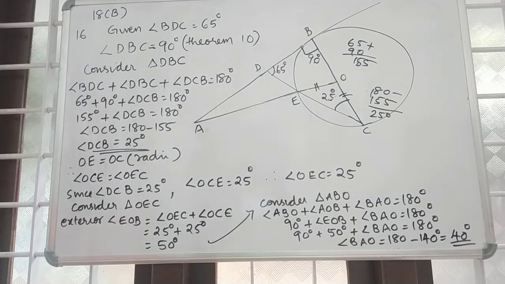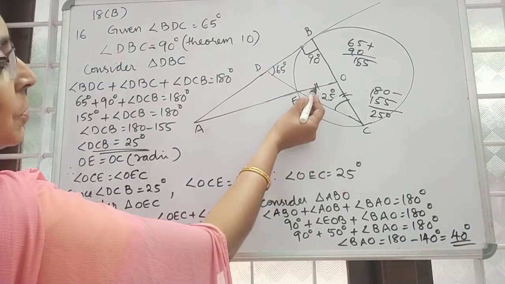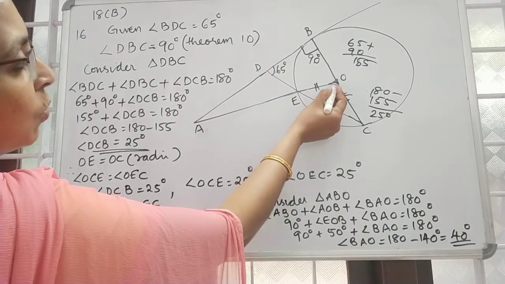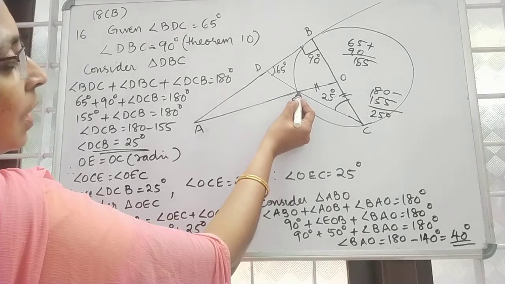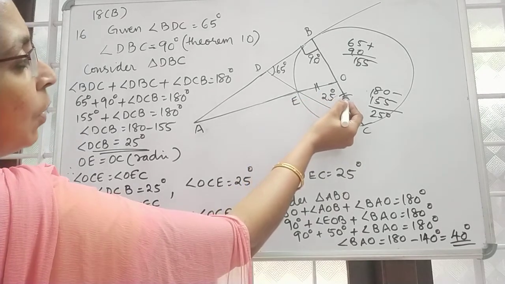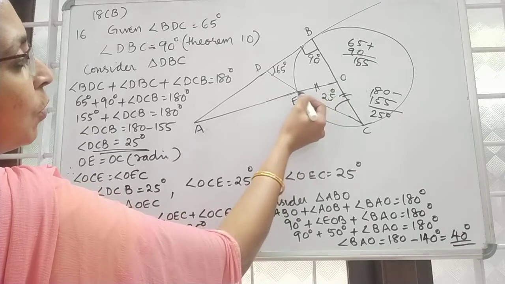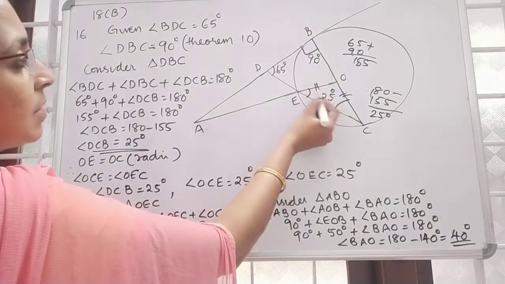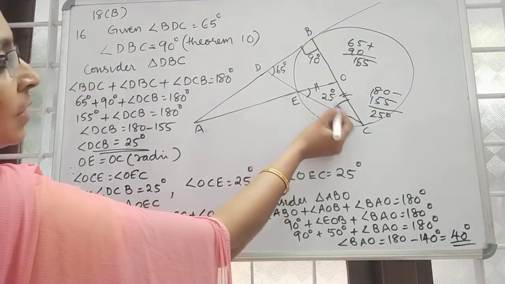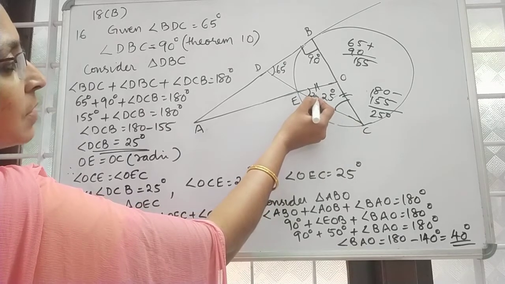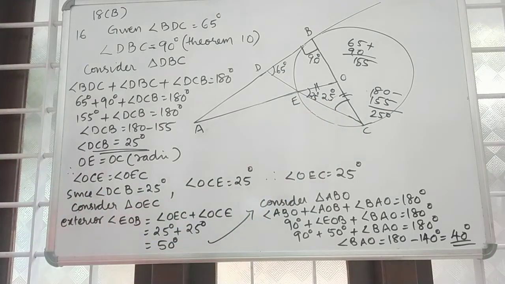That means angle OCE will be equal to angle OEC. Now we got this angle as 25, so this angle also will be 25 degrees.